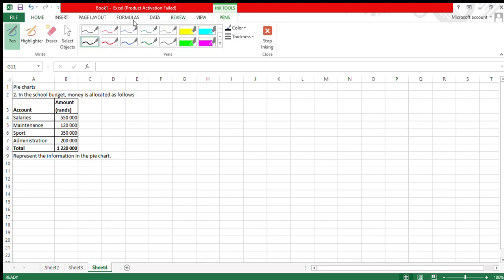Let's pick a pen here first. The easiest way to organize your data is to rewrite the amounts that are given in rands in terms of percentages, so that we can draw the pie chart. Let's draw another column here. We're going to call it percentage.